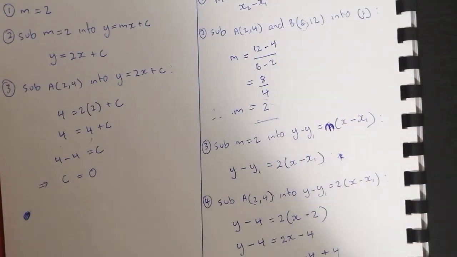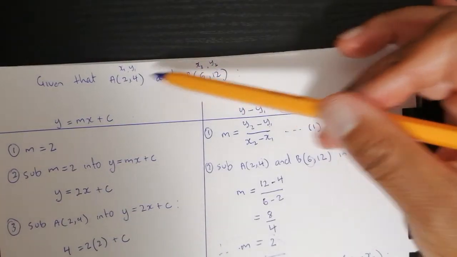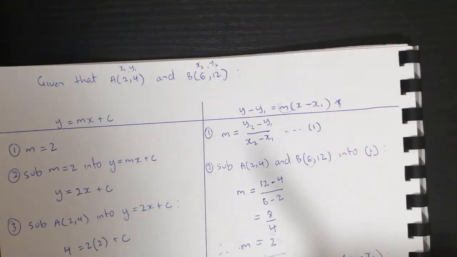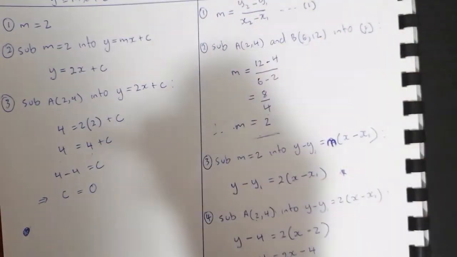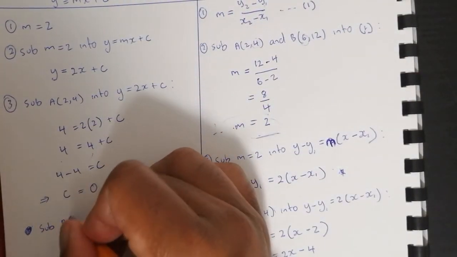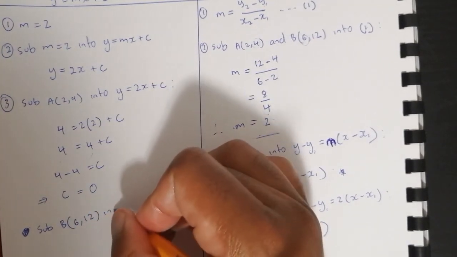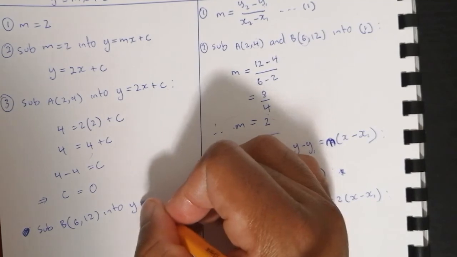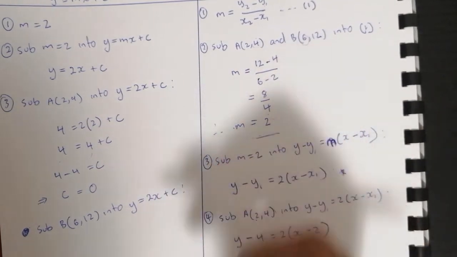Okay, now let's sub the next example. Before we go on to the last step, I just want to show you that you can use either one of these two values. So now I'm going to find c again using B. So I'm going to sub B (6, 12) into y equals 2x plus c.